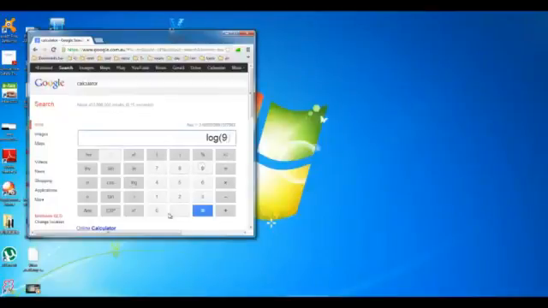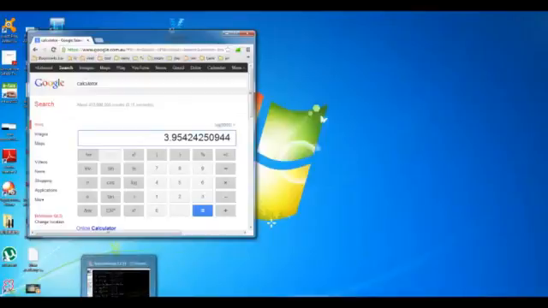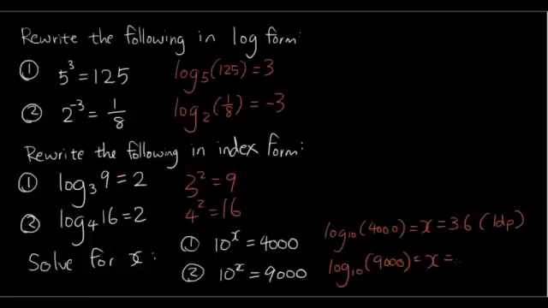Log 9,000, 3.95. 3.95, so that's 4.0, 1 dp. Okay, so if you did these successfully, then you can continue with the rest of the lesson.